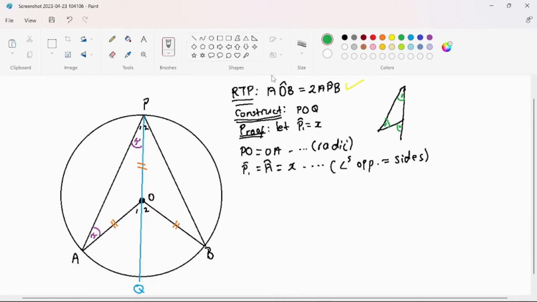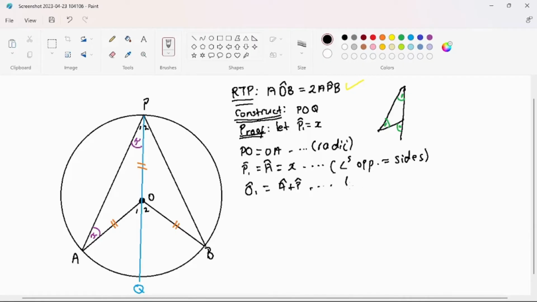That reasoning is known as the exterior angle of a triangle is equal to the sum of the opposite interior angles, right? So what does that mean to our situation here? It means that O1 is equal to A plus P, right?